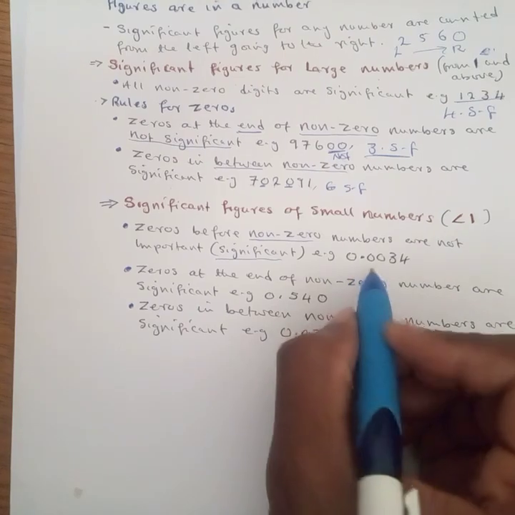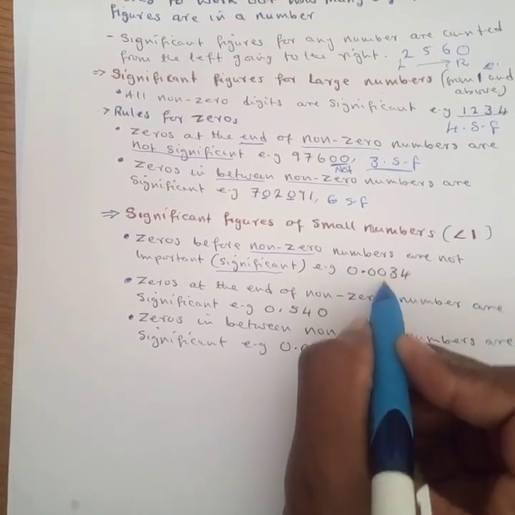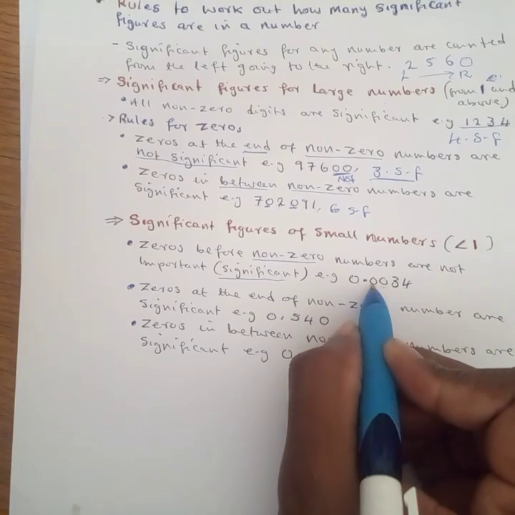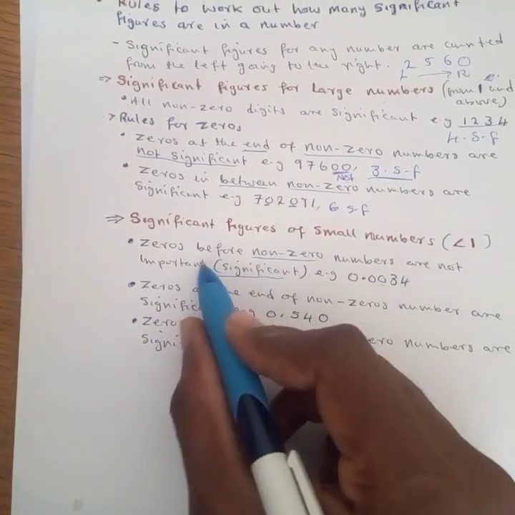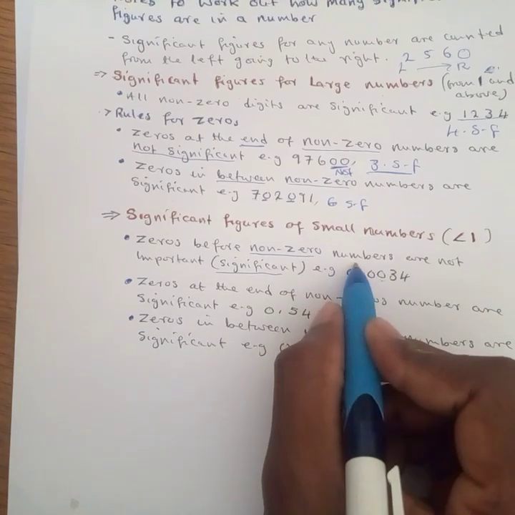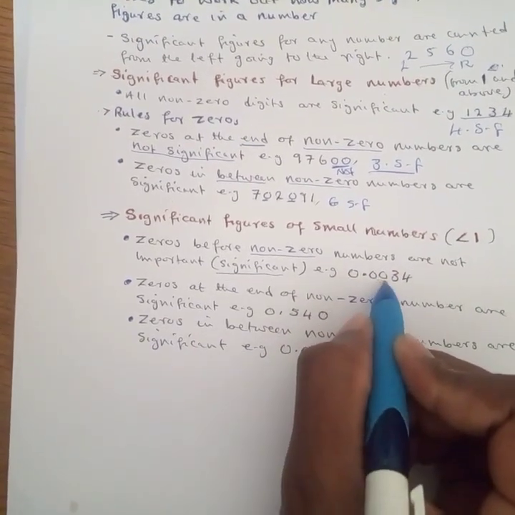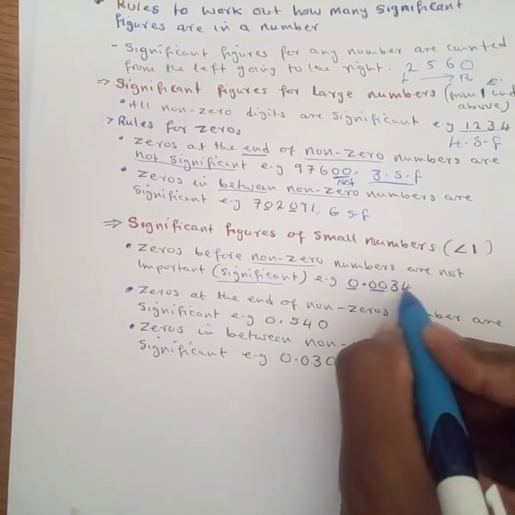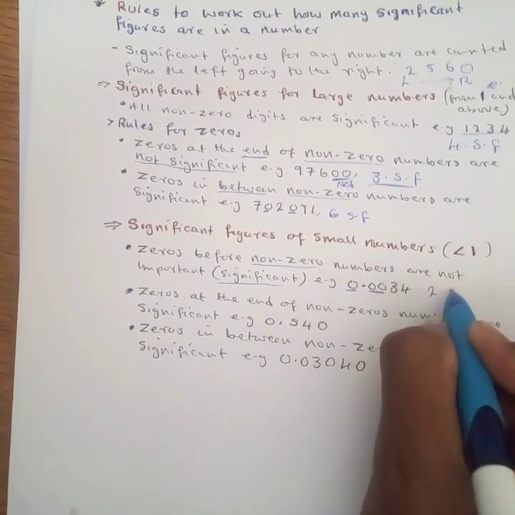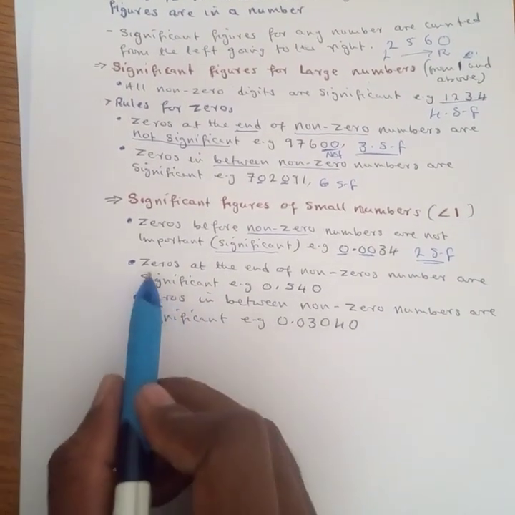For example, 0.0034. These zeros are before non-zero numbers, they are before these ones. So these are not significant. These two zeros, including this 0, are not significant. So here we are simply saying there are only 2 significant figures. Okay, we move on to the next.